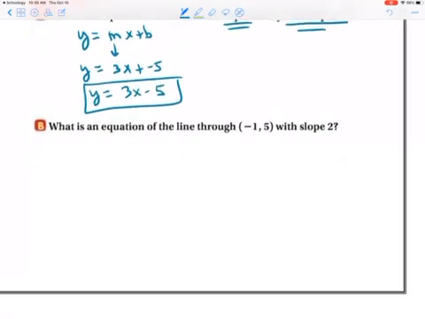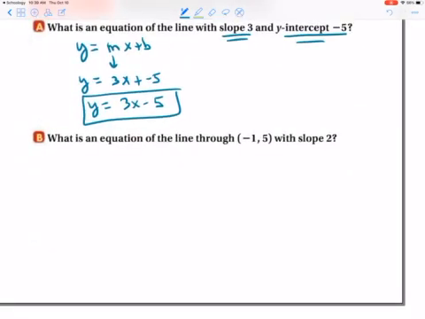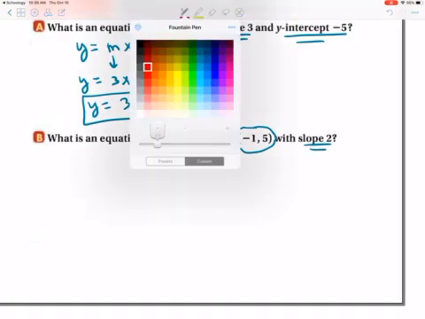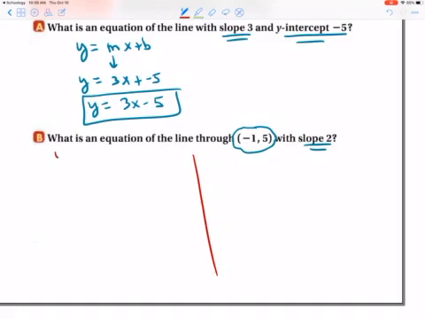In our next problem, what is an equation of the line through this point with a slope of 2? You could do this one of two ways. We could take y equals mx plus b, and we can plug in our slope, and we can plug in x and y, and then solve for what b is.